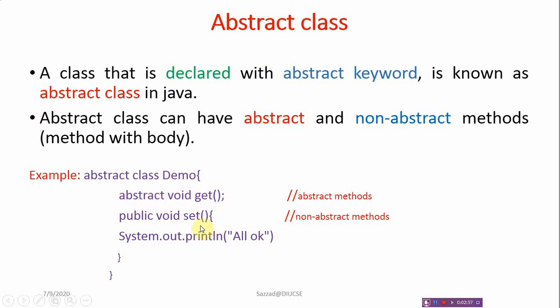On the other hand, the set method is a normal, non-abstract method, declared as public, so it can have a body. That's how an abstract class is declared, and how inside it we can use abstract and non-abstract methods. Let us see some programming examples.